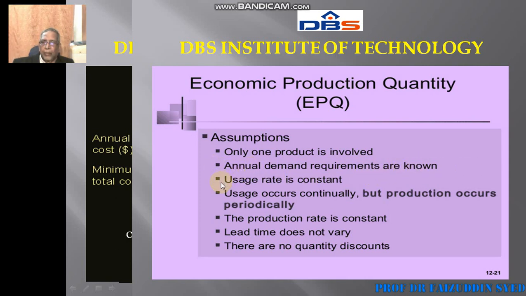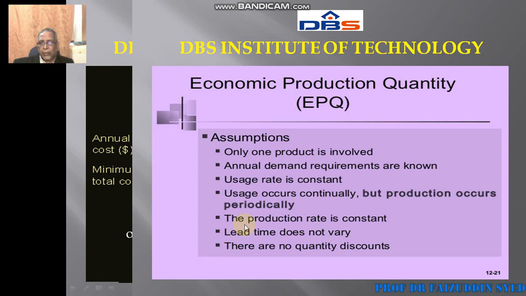Then we should know the usage rate. Is this rate constant or is it varying? Then, usage occurs continually but production occurs periodically. Suppose we use this material continuously for production or periodically for production, we should know about it.